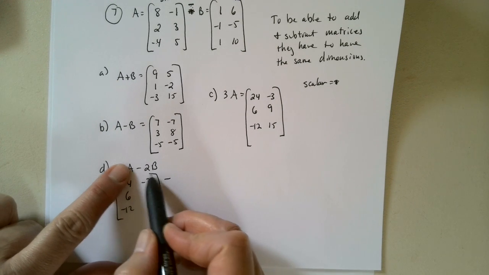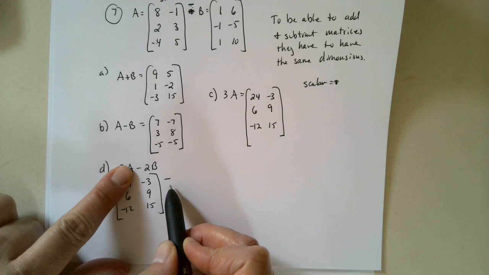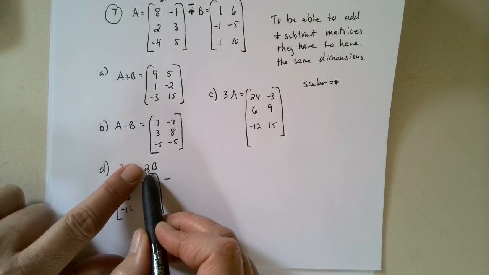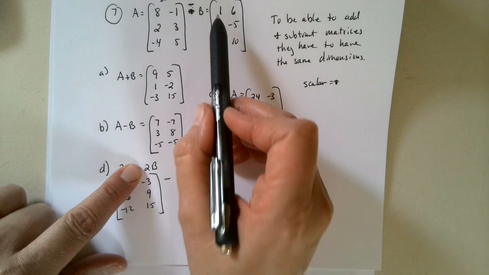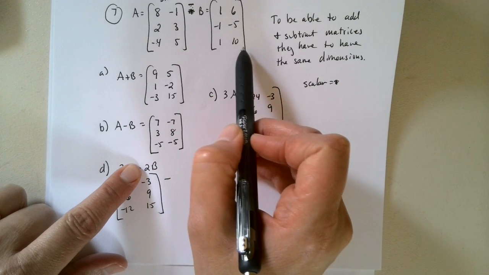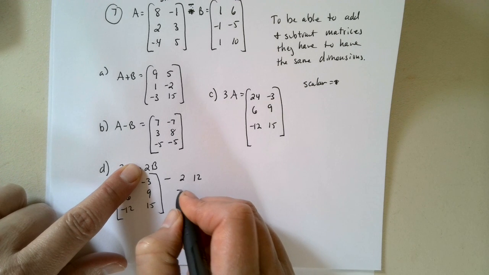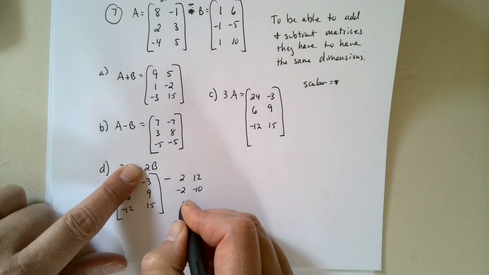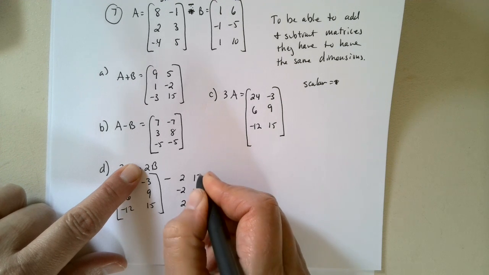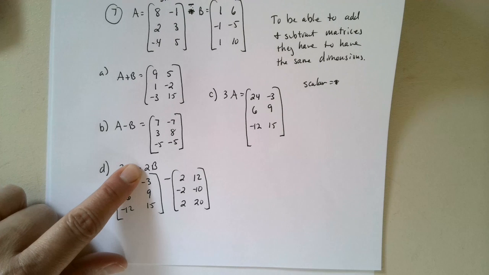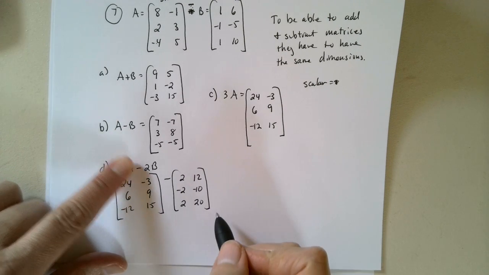If you distribute -2, you would put a plus sign here, but don't do double negatives, because then you go in a circle. So I'm just bringing down the subtraction, and then I'm going to take 2 and multiply it by everything in matrix B. So I'm going to have 2, 12, negative 2, negative 10, 2, and 20.